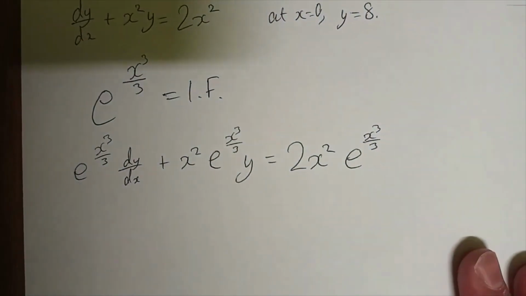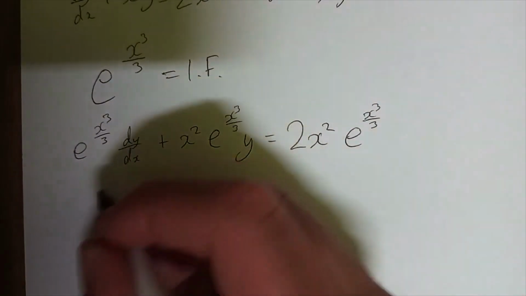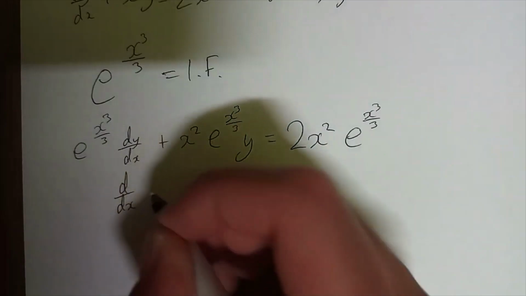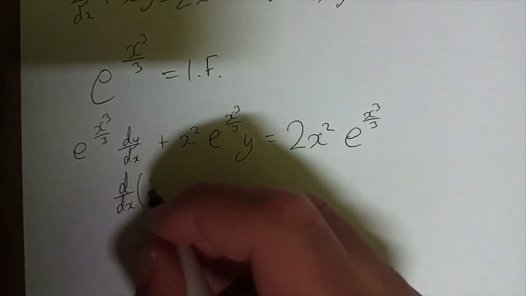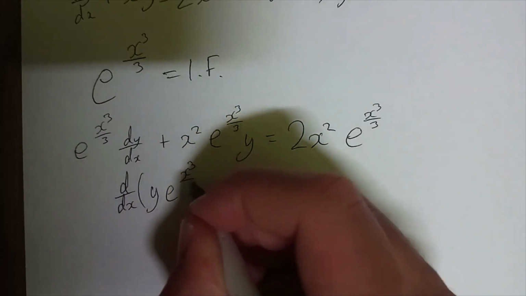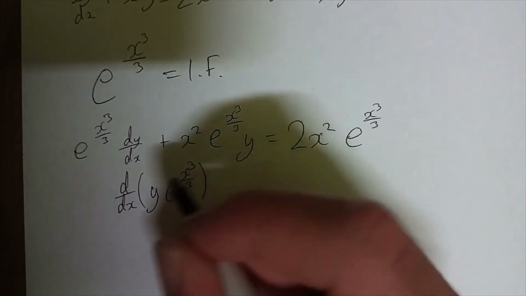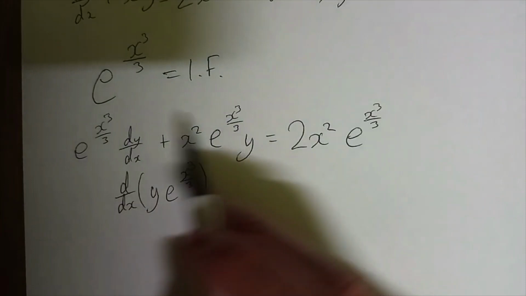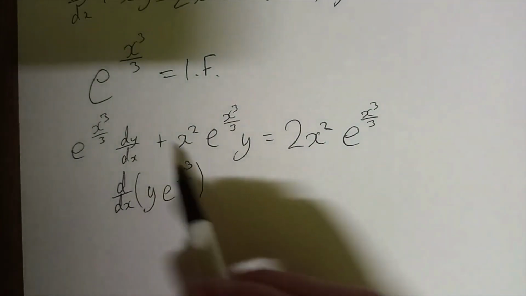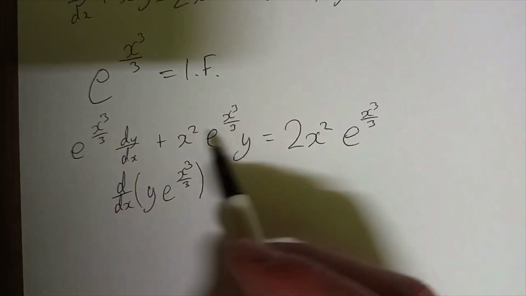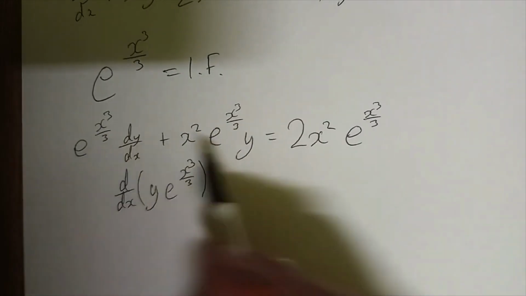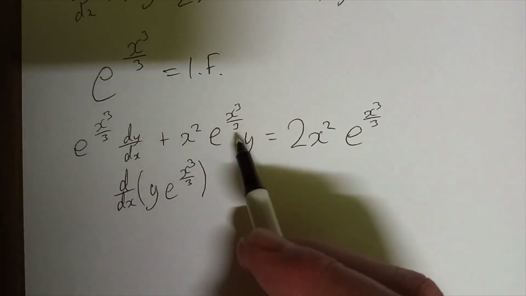Now, we will again get that the derivative with respect to x of y times the integrating factor will be identical to this expression here on the left. And that can be checked using the product rule. If you take the derivative of this expression here, you'll find that it will be equal to that expression there.